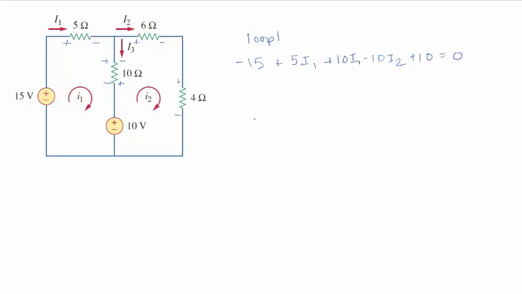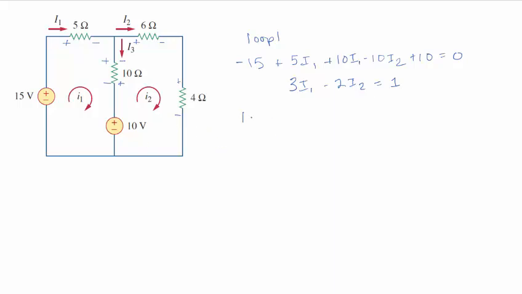So I can rewrite that and simplify it, and I will get 3I1 minus 2I2 equals 1. So that's for loop 1.